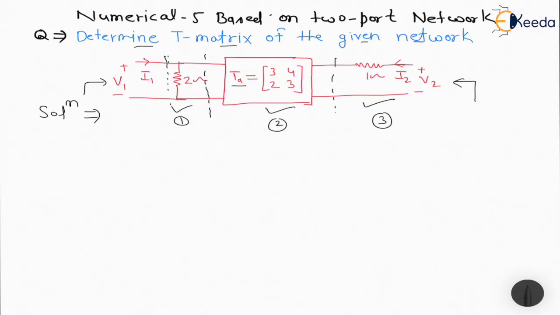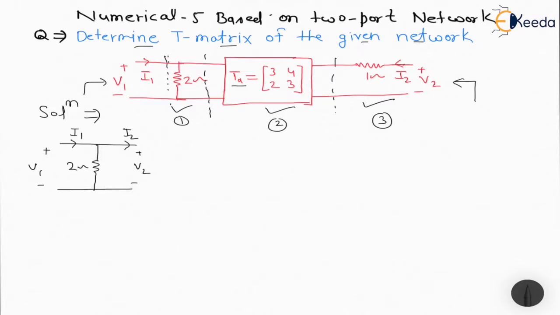So the value has been given like this. This is 2 ohm, and we need to calculate the T parameter for this. Let us assume this is plus minus V2, I2, and this is plus minus V1, I1.